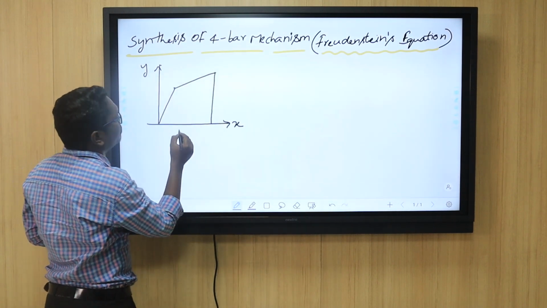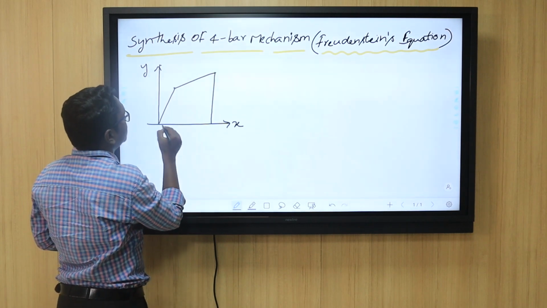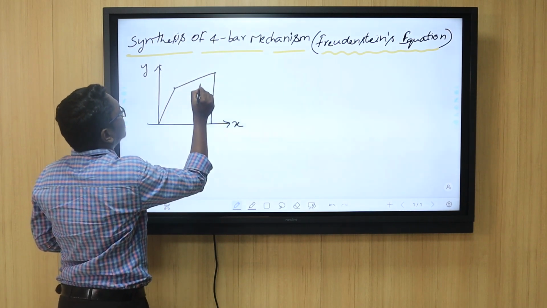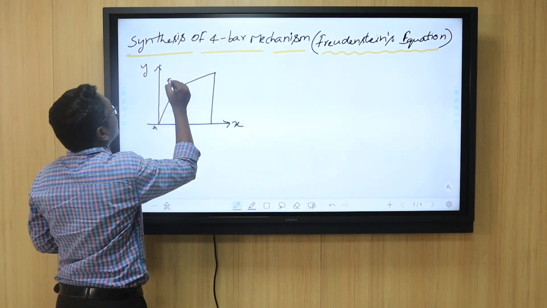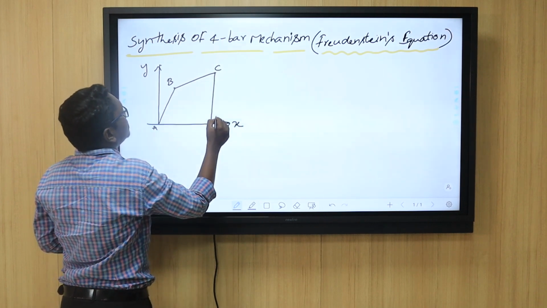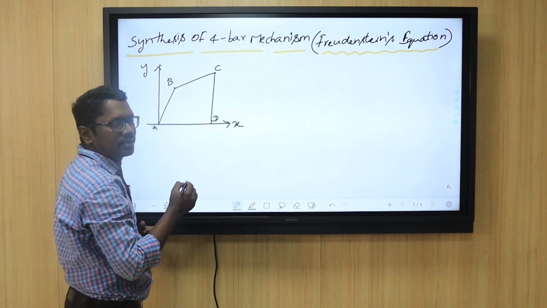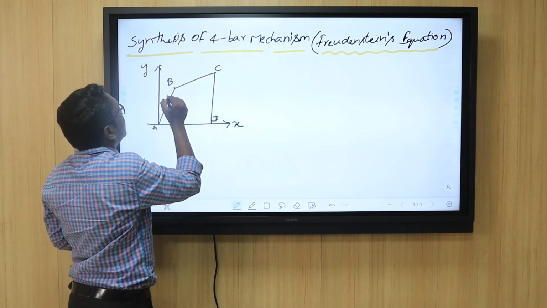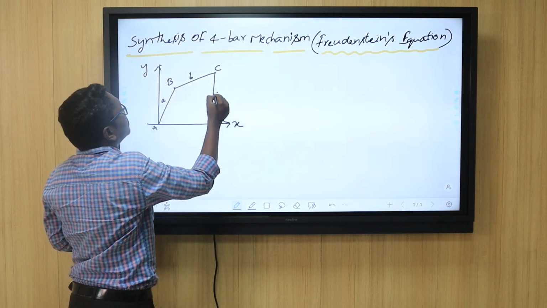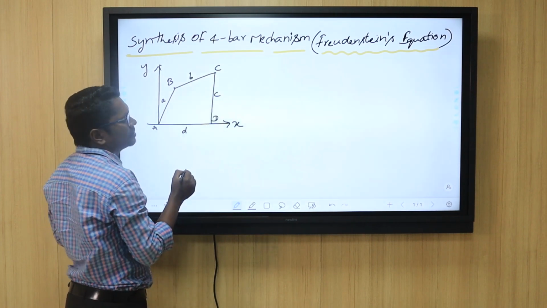We have four bars: first link, second link, third link and fourth link. Now let us locate the points A, B, C and D, and the magnitudes a, small b, small c and small d.